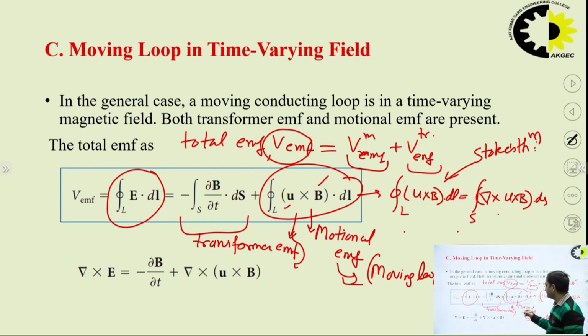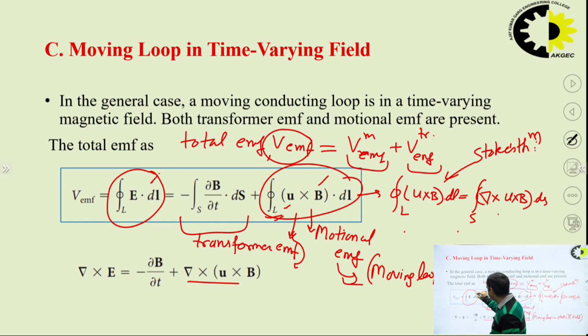So what will happen? In place of this term, we can write it this way. For this case also we can apply the Stokes theorem. So for this case, what we have is open surface del cross E dot ds on the left hand side.